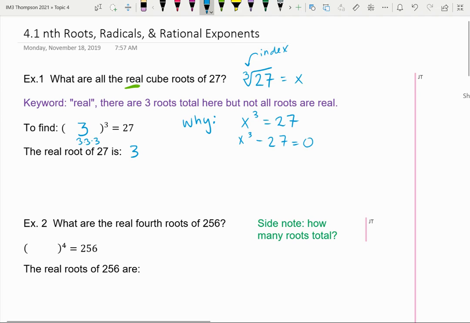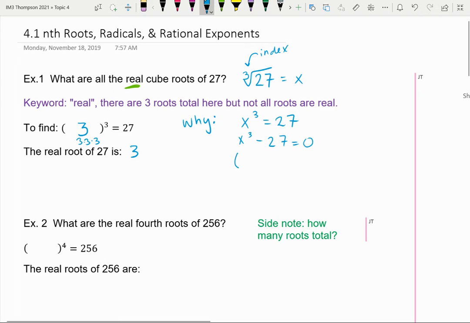this is something that we learned how to factor back in topic 2. We did difference of cubes. So if you remember the pattern of factoring difference of cubes, it's when I have a perfect cube minus a perfect cube.